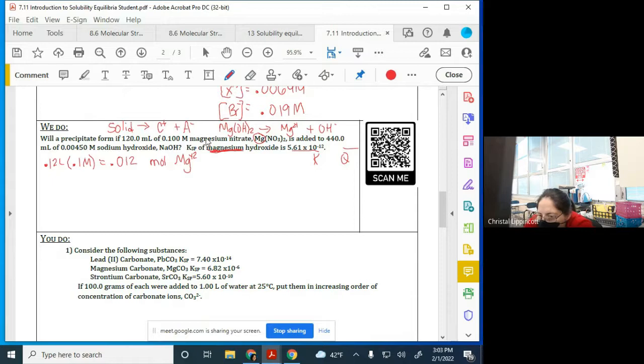Now I'm going to do the same thing here. Which ion am I concentrating on? The sodium or the hydroxide? The hydroxide, because that's what's going to come over here and be my anion. So I'm going to take 0.44 liters times 0.0045 molar. That's going to give me my moles of hydroxide.